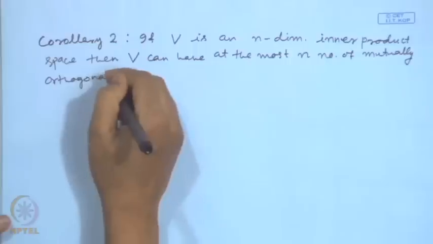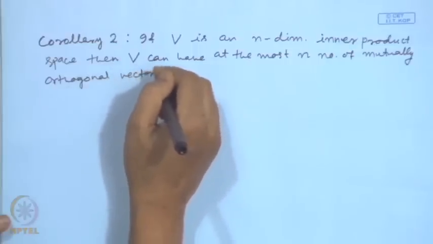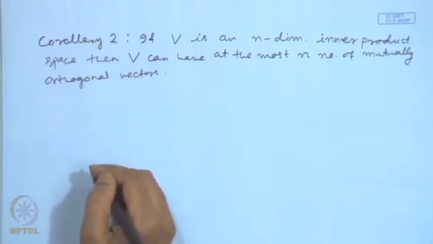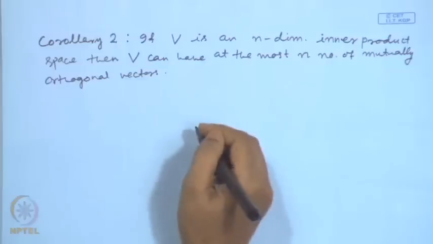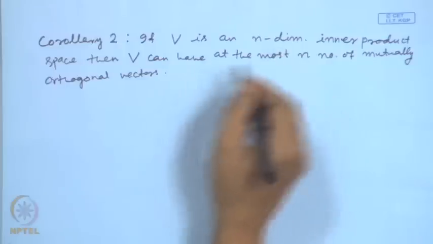This is obvious from the theorem: if we had more than n mutually orthogonal vectors, they would have to be linearly independent, and that contradicts the dimension of this vector space.